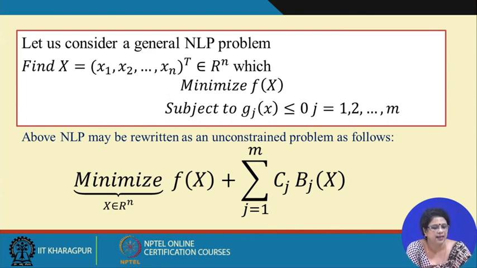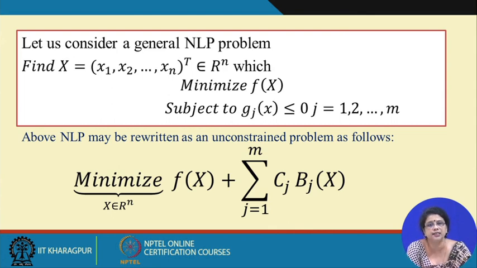But in this case, once we have f(x) as a nonlinear function, that nonlinear function can have different modes, different peak points, minimum peak or maximum peak. We are trying to find the global minimum or global maximum for the corresponding problem. Similarly, the function g(x) is also nonlinear.